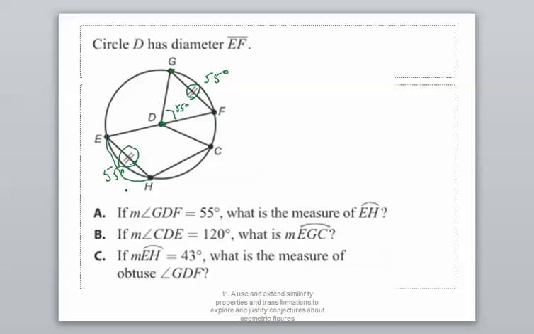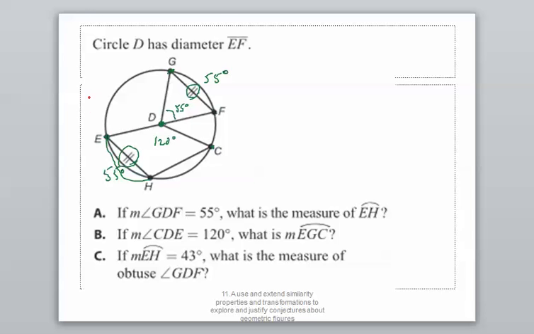Okay? Now they're saying CDE is 120 degrees, and they're wanting to know the measurement of EGC. Well, what's going on here is that this arc out here, I'm going to change pen colors so you can see it.